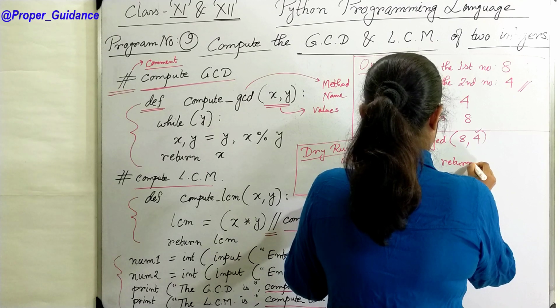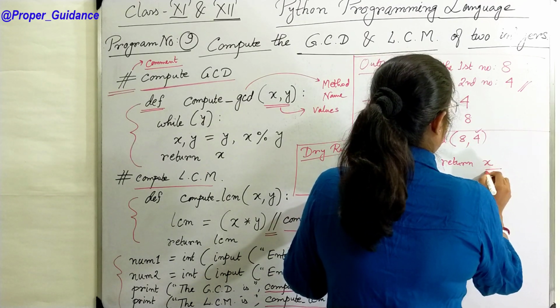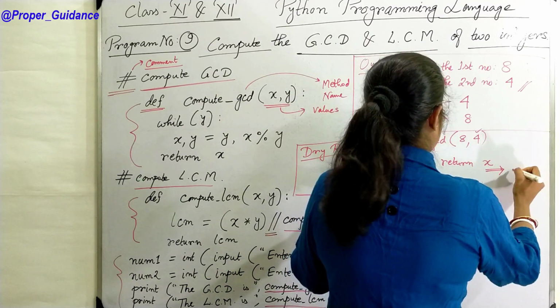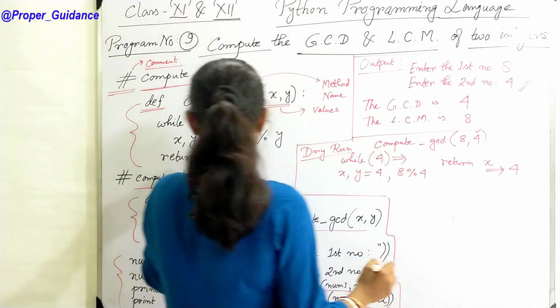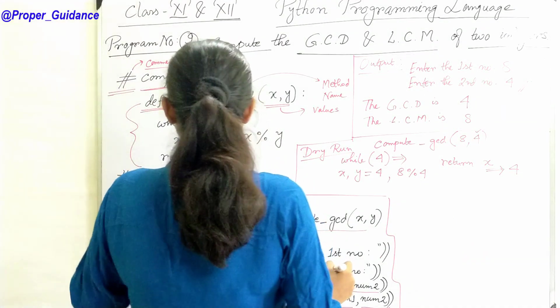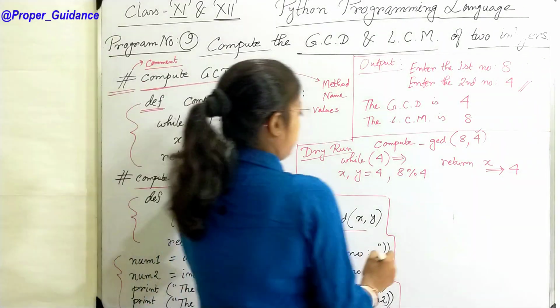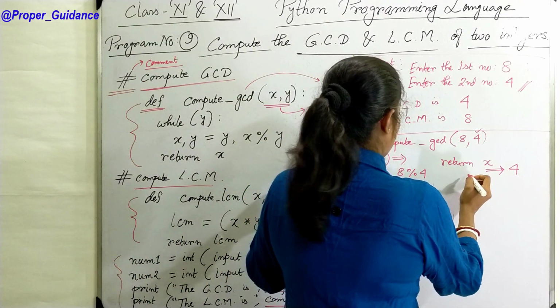Return x means the value here, x equals 4. Clear? x equals 4. Now see what happens: y is equal to 0.